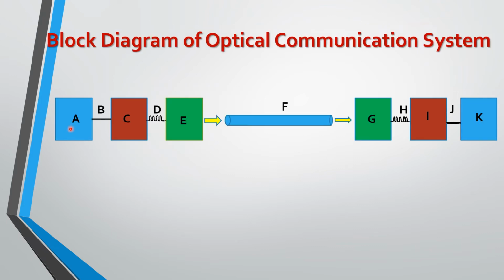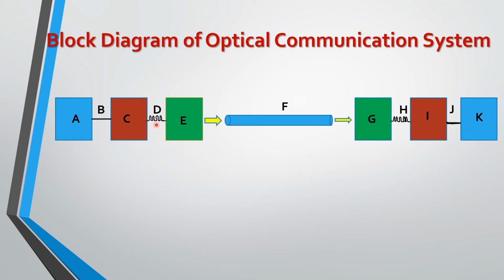In the block diagram of optical communication system, A represents the microphone of the telephone. Here, sound waves get converted into corresponding electrical signals. B represents the pair of wires which convey the electrical voice signals. C represents the encoder. Here, continuous electrical signals are coded into digital electric pulses using an analog to digital converter.